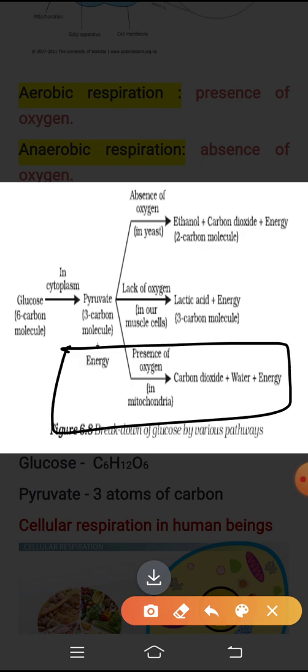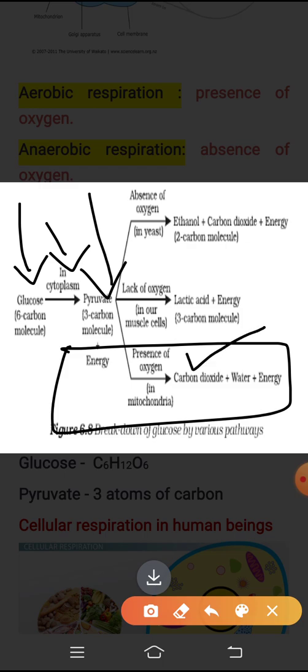Okay, so what happens as the glucose enters the cell, it goes to the cytoplasm. Later, it is further broken down into 3 carbon molecules. What happens then in the presence of oxygen, in mitochondria? Okay, I am talking about the human beings or any living organism. So in the presence of oxygen in mitochondria, what happened? Carbon dioxide is released.